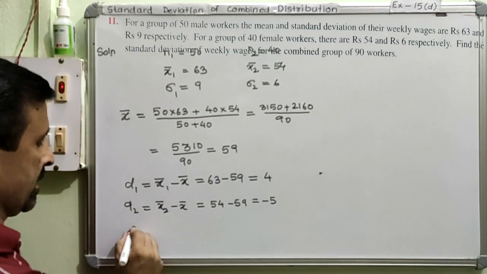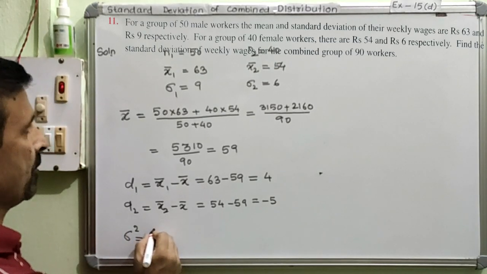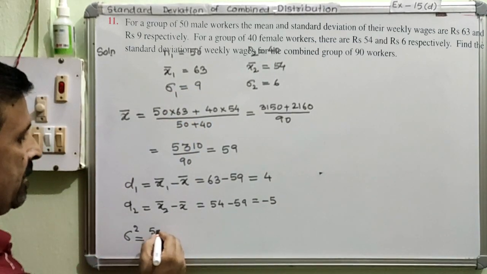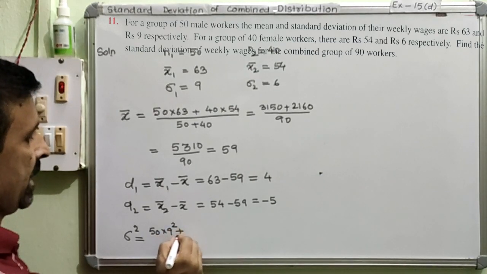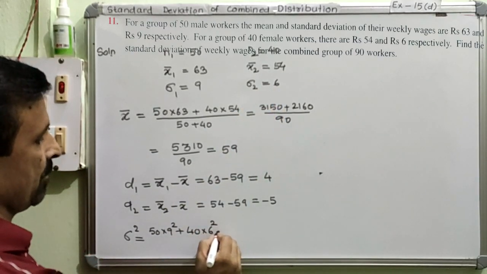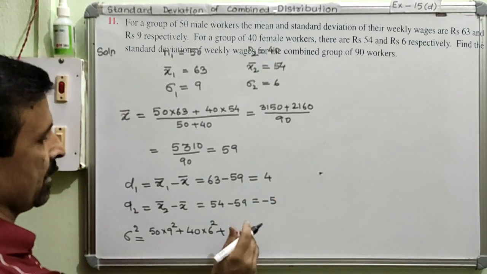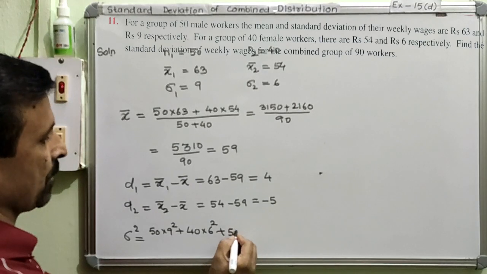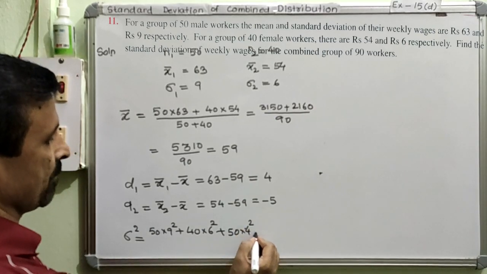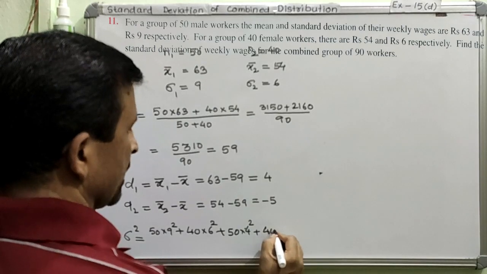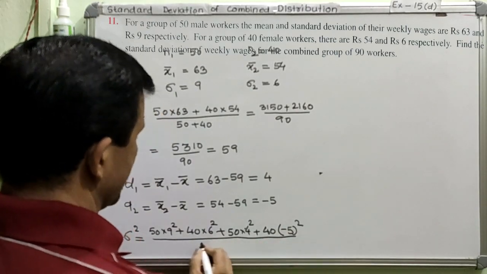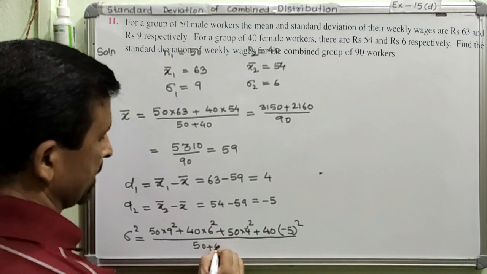So the formula is sigma square is equal to n1, 50 into sigma 1 square, that is 9 square, then n2, 40 into sigma 2 square, that is 6 square, plus n1 into d1 square, n1 is 50, d1 square is 4 square, plus n2, that is 40 into d2 square, that is minus 5 square, and then divided by n1 plus n2, that is 50 plus 40.